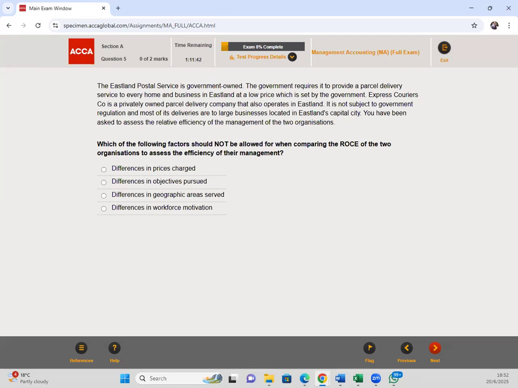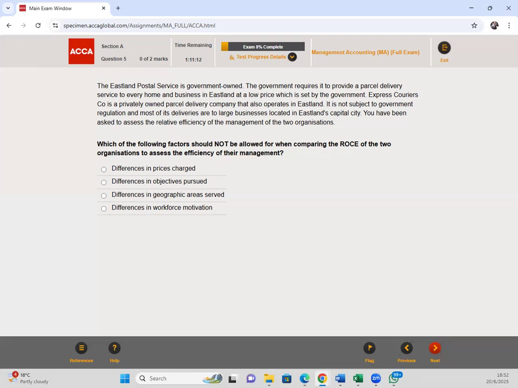Number one, the differences in prices. We can't set aside the differences in prices because one of these firms is being controlled by the government, they are being told what price to charge. So we have to factor in the differences in prices. Difference in objectives pursued. We have to factor that in again because they might charge high prices because their objective is profit, while the other is not profit aimed.